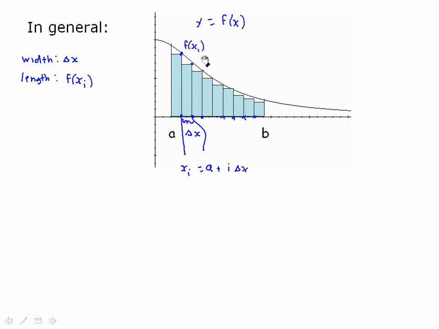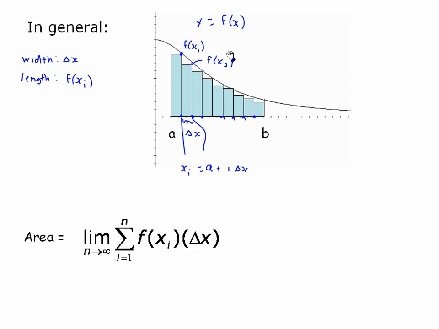There would be f at x2, etc. And then what we need to do is add all these areas together. And we can do it because the total area is equal to the limit as n gets bigger and bigger and bigger, of the sum of all these, starting at 1 to however many n's you have.